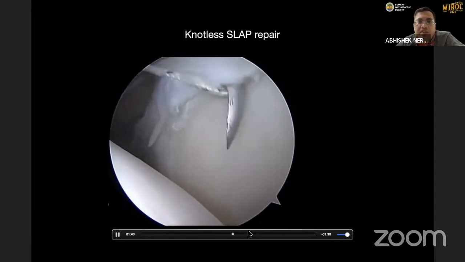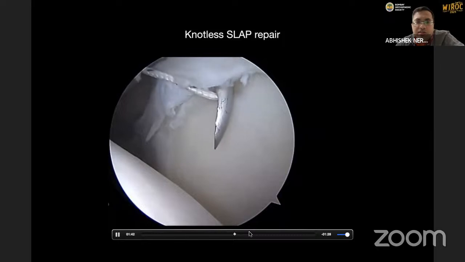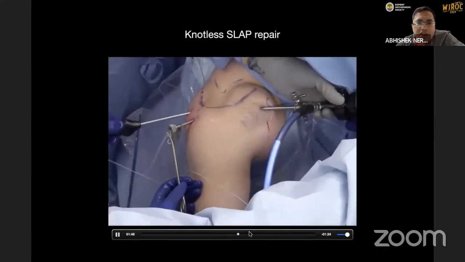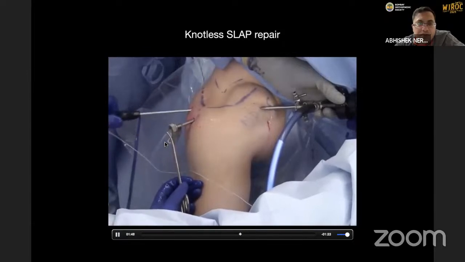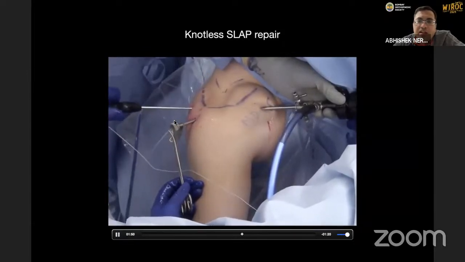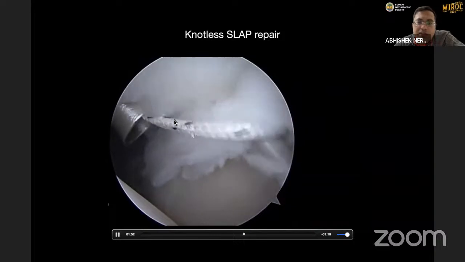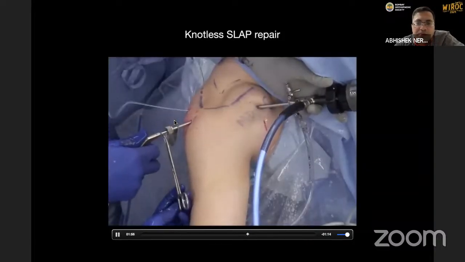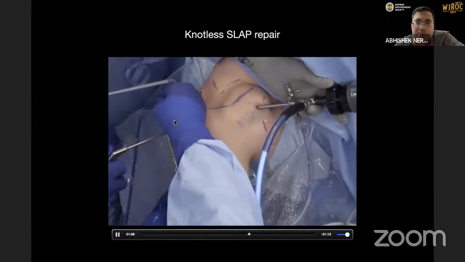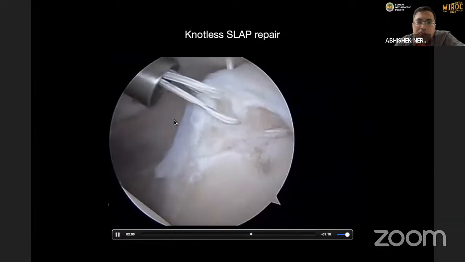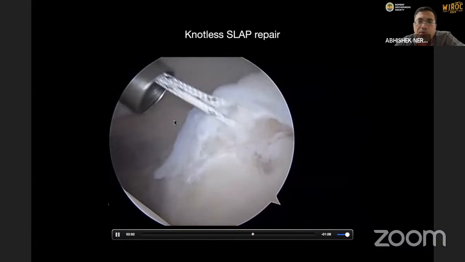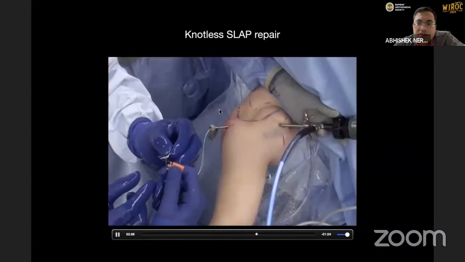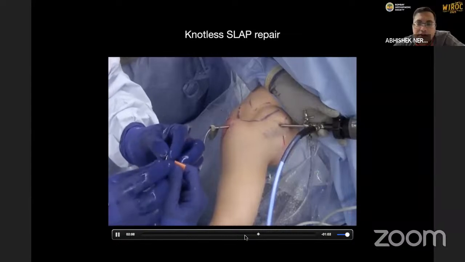technique so that you get a good purchase onto the labrum. So you take one end of the loop outside, and then without withdrawing the lasso completely, you can take a loop from it. So you have two threads coming out, forming a loop around the superior labrum.